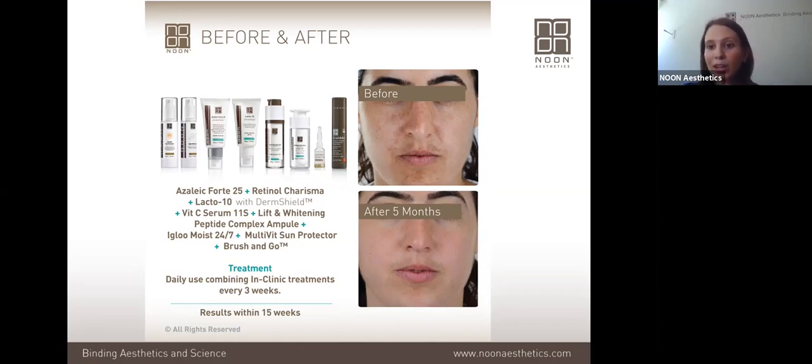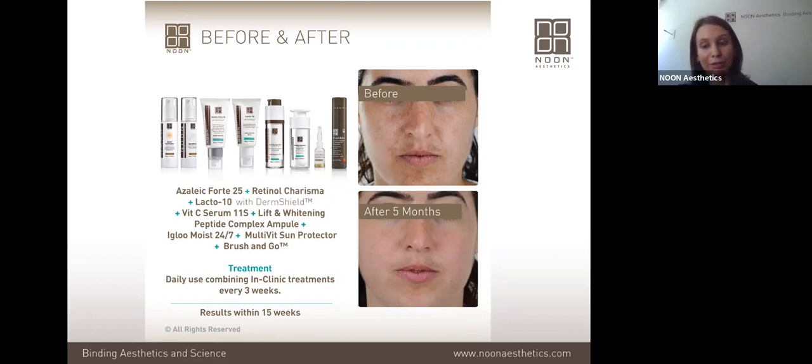So this is a very complex case, and the home care products used were Azelaic Forte 25, Retinol Charisma, plus Lacto-10, vitamin C serum, the lift and whitening peptide ampoules, Iglomist, plus our sun protectors, which are the Multivite and the Brush and Go.